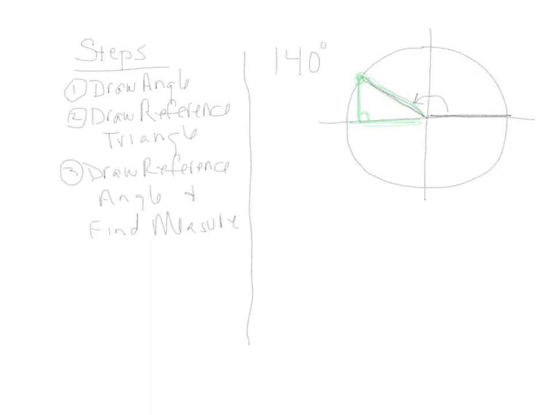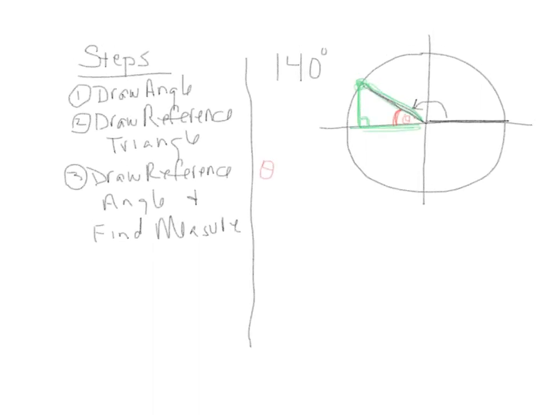Inside the reference triangle, the angle that is at the origin, we use a Greek letter theta to represent this angle. So therefore we will have theta, the little mark up above is theta prime.